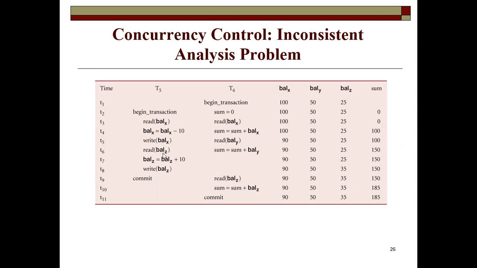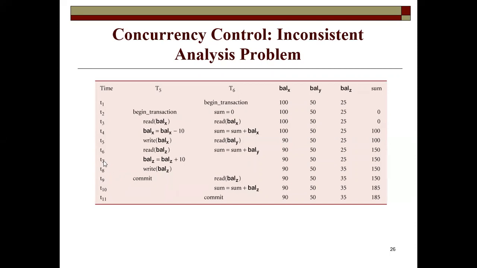At time 6, we read the balance of Z where no updates have been made, which is 25. We update our sum by adding what we found out in account Y to our balance of sum, which is currently 100. So 100 plus 50 gives us 150 as the new value for our sum. The value of X, Y, and Z stand at 90, 50, and 25.